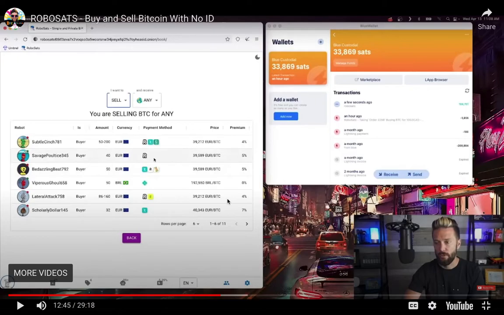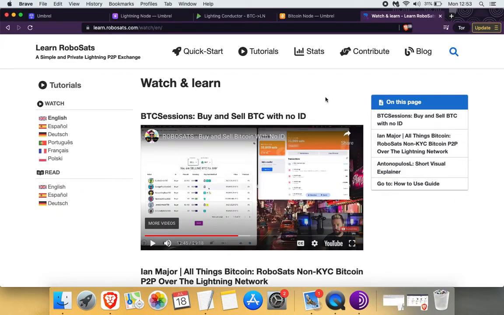You can do that with e-transfer, and the person just receives the fiat, and the person just instantly sends you the Bitcoin on the Lightning Network. Cheap transactions, right? And you may look at the rate. You have 4%, 5%, and 0%. Some of them are really low. So yeah, a really, really interesting application. I really love it. So really good.